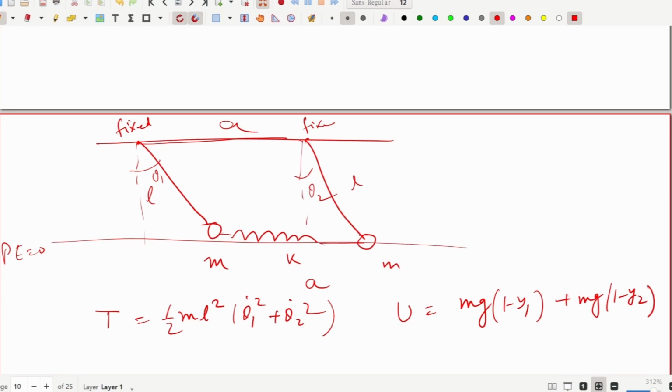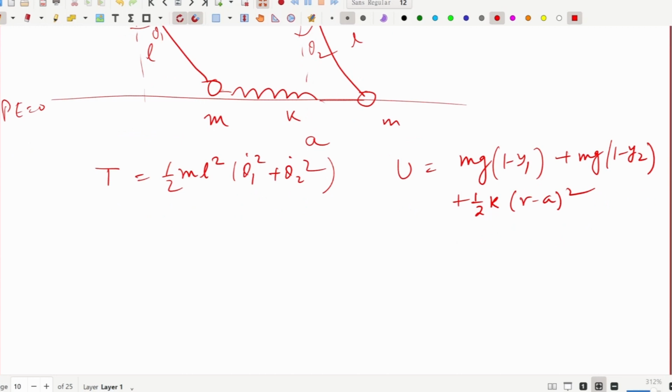and there will be some potential energy due to the spring, half k times (r minus a) whole square, where r we have taken as the distance between these two masses, so r will be the square root of (x2 minus x1) whole square plus (y2 minus y1) whole square.